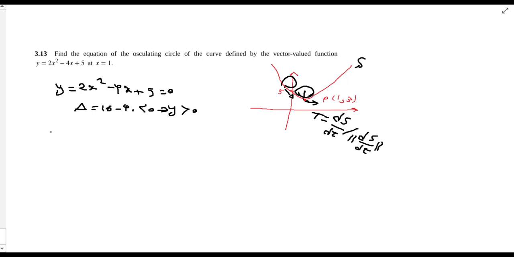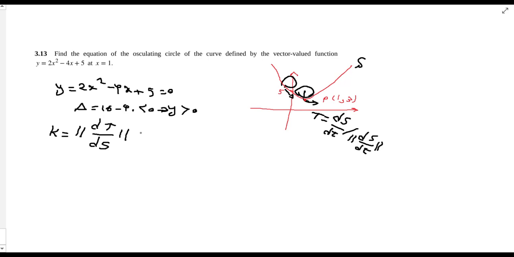So the curvature, according to the definition, kappa, will be equal to the norm of the derivative of the tangent vector T with respect to s, the arc length of the curve.